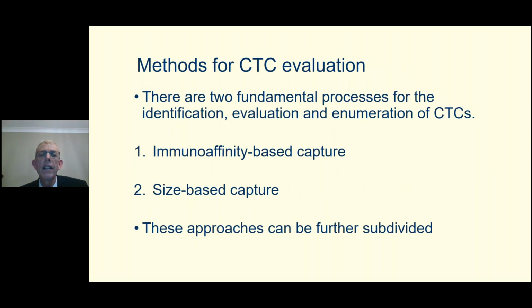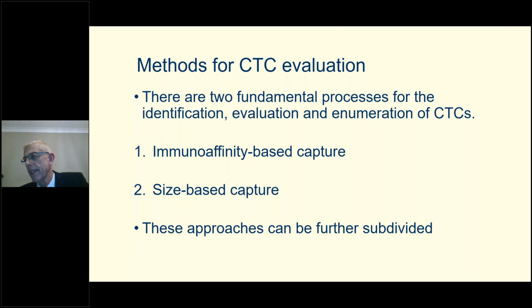So moving into methods for CTC evaluation and capture, I think we can probably break the processes of identification, evaluation, and enumeration of CTCs into two fundamentally different types, which can then be further subdivided. So we can characterize one batch of CTC devices as antibody-based, immunoaffinity-based capture systems, and then secondly, size-based capture systems.